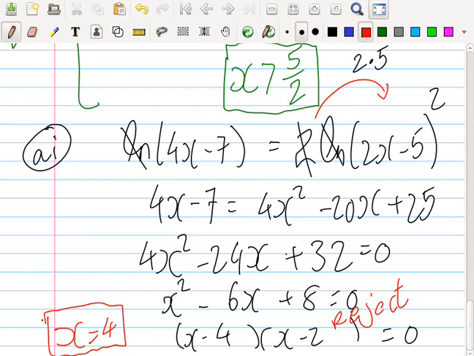Why did you reject the 2? Because we need x to be more than 2.5 from the previous part.